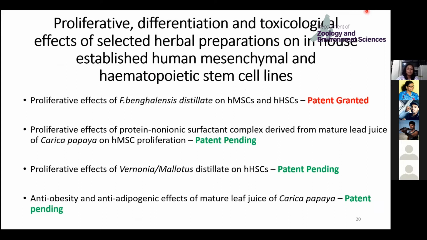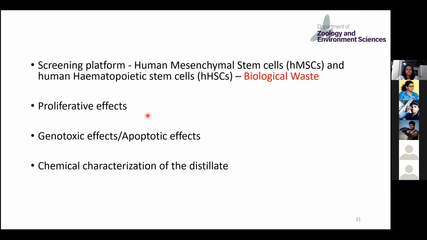Depending on our outcomes, we have categorized our study into 4 main sections. The first one is proliferative effects of Ficus bengalensis distillate on human mesenchymal stem cells and hematopoietic stem cells. The other 3 are of the same caliber. The first one I will be explaining in this presentation.